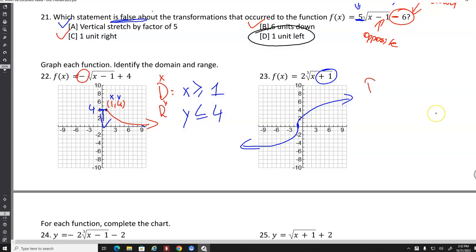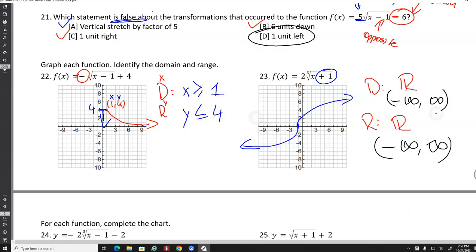But this should be pretty simple for domain and range, because remember, the domain and range for a cube function will always be all real numbers. It always goes from negative infinity to positive infinity, and negative infinity to positive infinity, because it continues to go left to right as well as up and down. It does not have a stopping point.